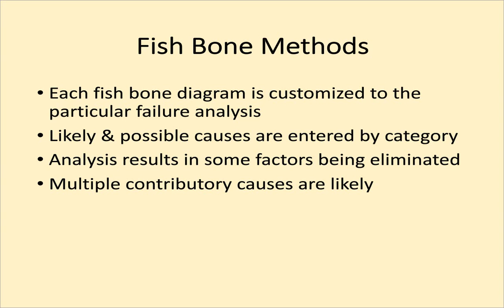You perform further investigation and analyses that result in some factors being eliminated, but you usually end up with multiple contributory causes being likely, and that kind of correlates with what I told you earlier on having more than one incorrect operation as a factor in resultant failure.